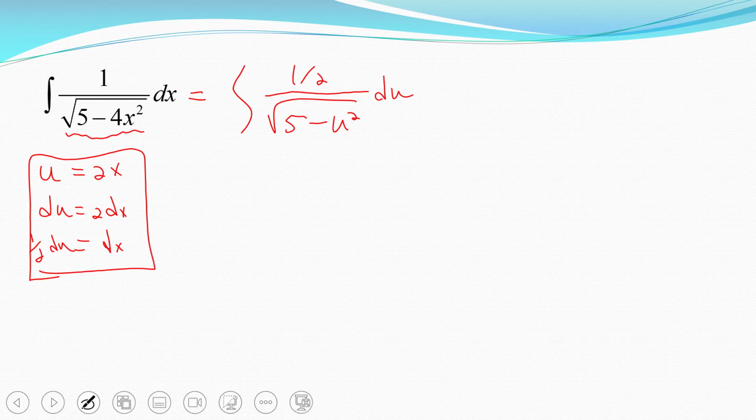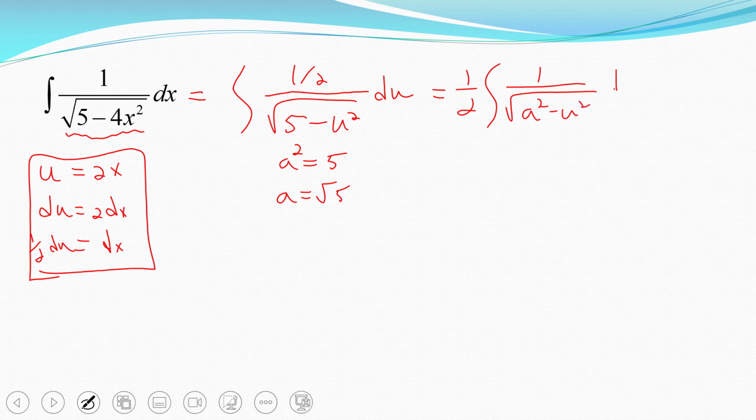Okay, now it's pretty easy. I just use the rule that you saw where a squared is 5. So a is actually the square root of 5. This then equals, it's of the form of 1/2 the integration of 1 over square root, if you want to put the a in so you can see it, a squared minus u squared du.